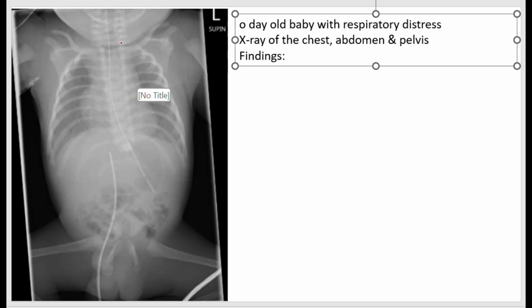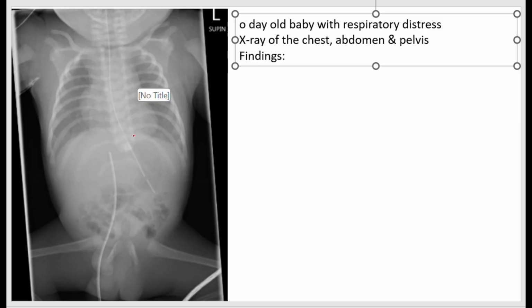So let's start counting the thoracic vertebrae here. Okay, this is the first rib, the second rib, so the first rib and the first vertebra, the second rib and the second thoracic vertebra. So this is the third thoracic vertebra, fourth, fifth, sixth, seventh, eighth, ninth, 10th thoracic vertebra.